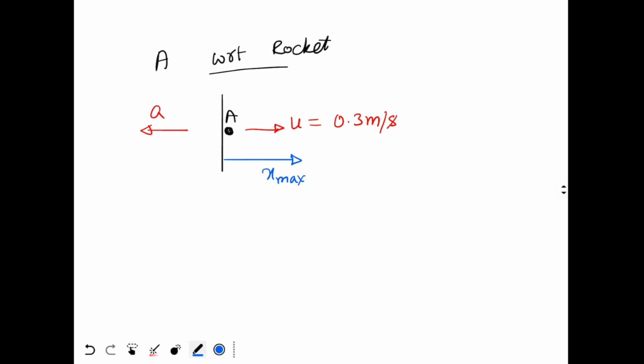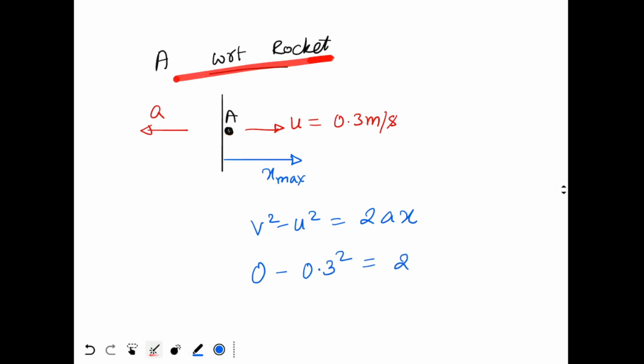So we apply the equation of motion, x equal to ut plus at square by 2. Wait, we will use another equation, I'm sorry. v square minus u square equal to 2ax. At maximum separation the particle will have zero velocity. So 0 minus 0.3 square equals 2 times the acceleration.